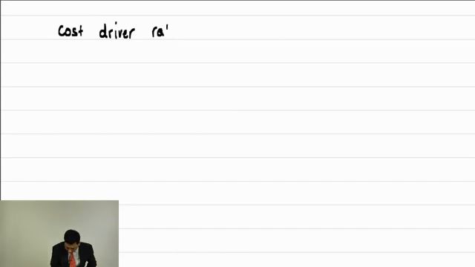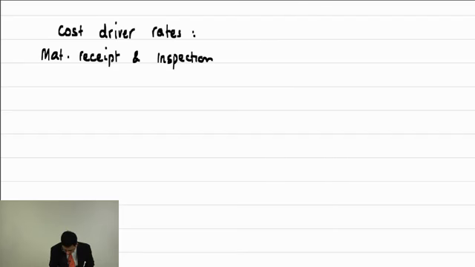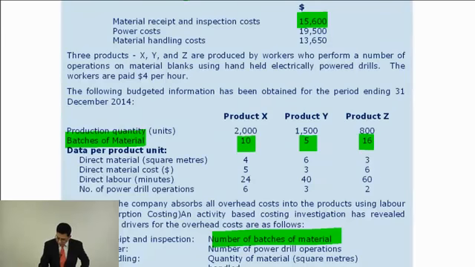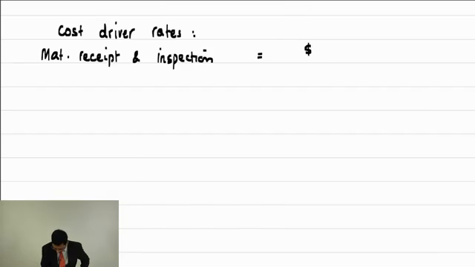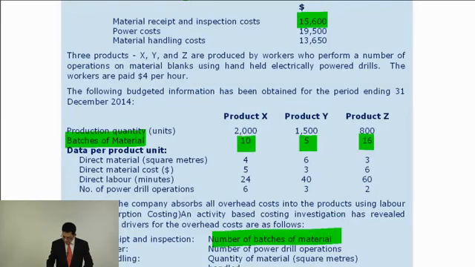So here are cost driver rates. First of all, material receipt and inspection. Cost is 15,600 divided by number of batches.